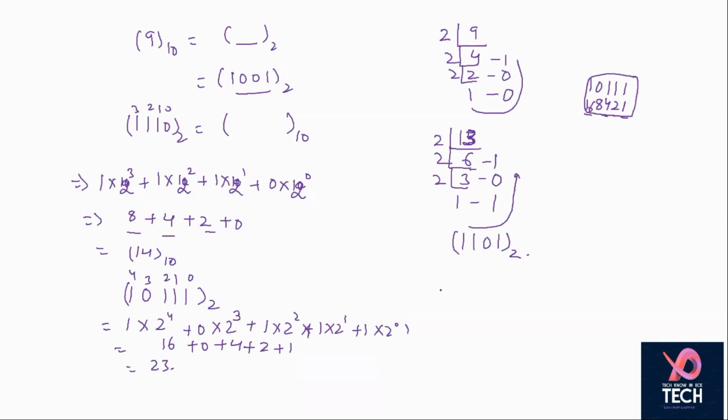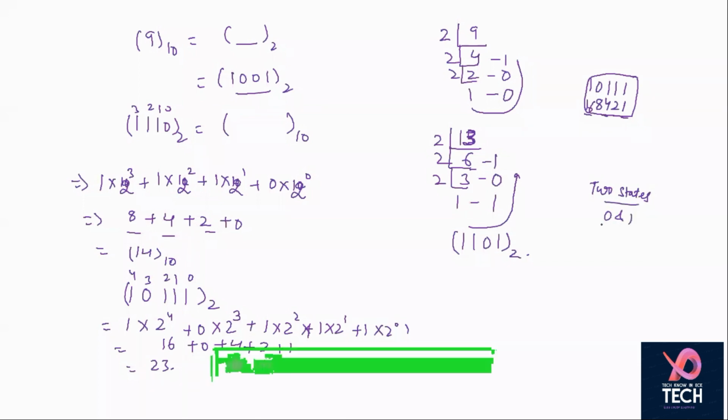Suppose things are going well with binary. The problem with binary is that it has only two states, 0 and 1.